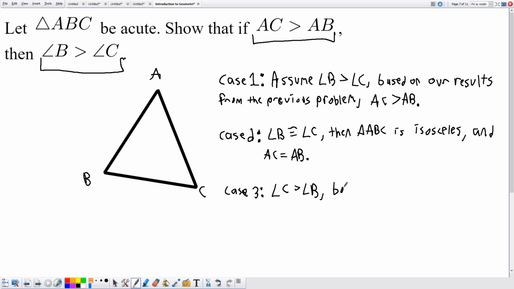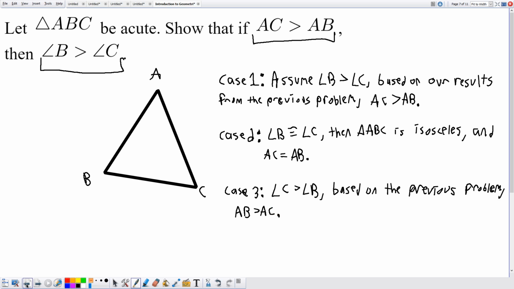Based on the previous problem, we would have that AB is greater than AC.